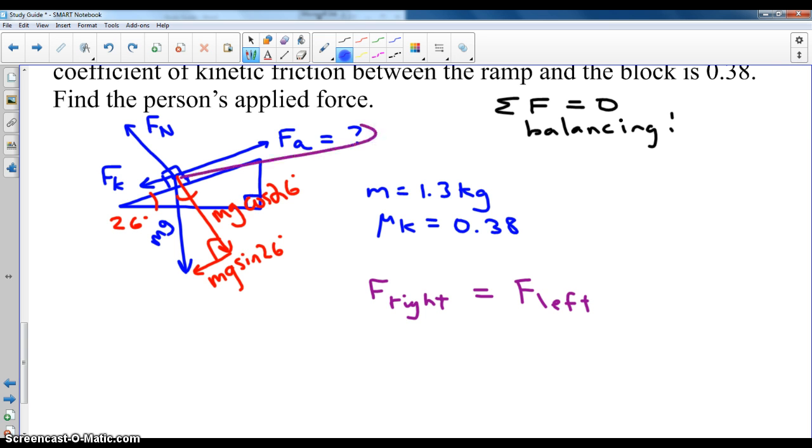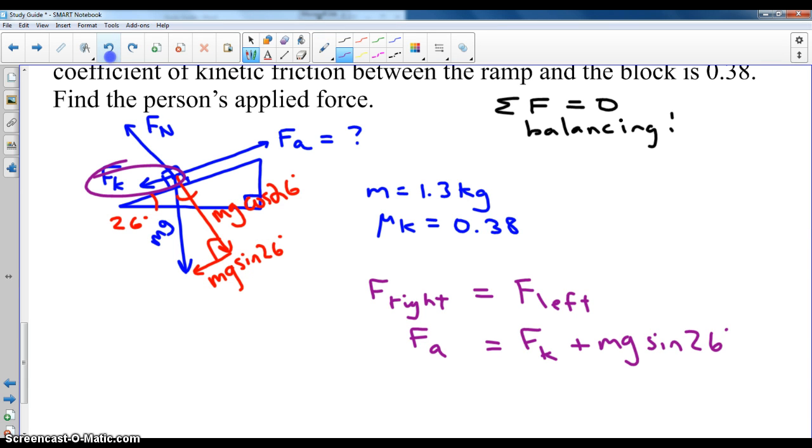So all of the forces pointing right give us just Fa. When we add up all of the forces pointing left, we get the Fk force points left. What else points left? mg sine theta points left. Fk, we need to find Fk before we can solve for Fa.